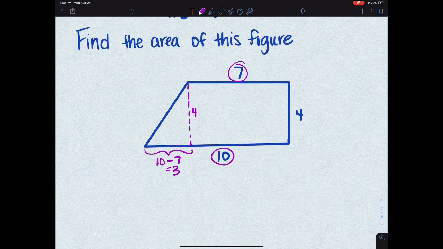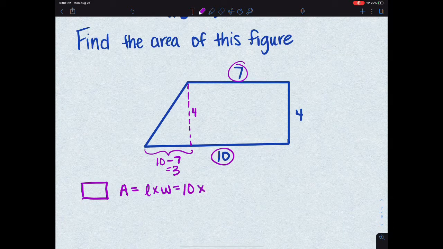to figure out the area of this. So first I'm going to do the area of a rectangle. And if you remember the area of a rectangle, it's the length times the width. So it's going to be 10. Oh, nope, I did that wrong. Let's erase that.